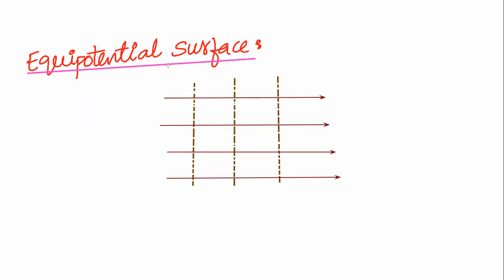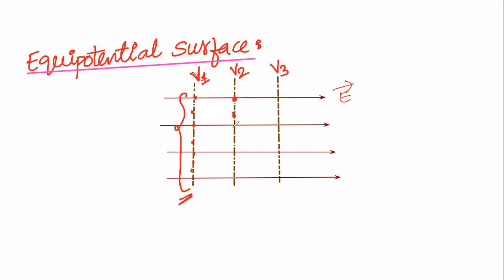This is the direction of the electric field. These are equipotential surfaces. This is one equipotential surface, this is another equipotential surface, and this is another. At all these points the potential will be the same. This is called one equipotential surface.